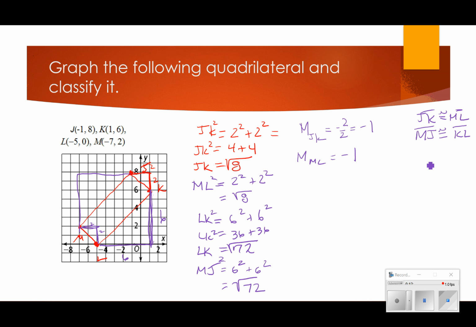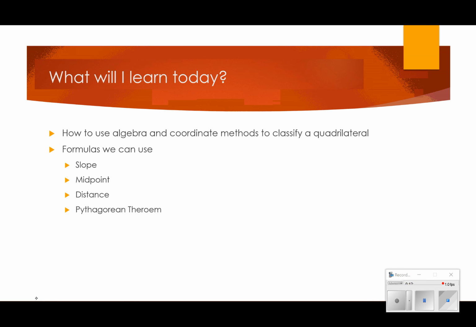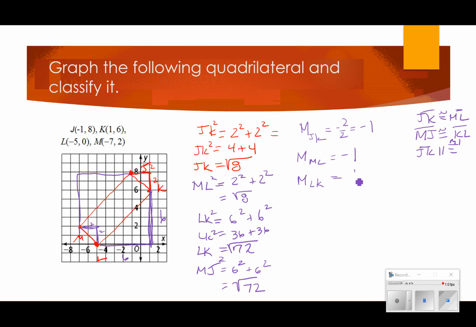So we've got that JK is parallel to ML. And let's check the other sides. We said each of those were 6. So the slope of LK is positive 1, 6 over 6. The slope of MJ is, again, 6 over 6, or 1. So then I've got that MJ is parallel to LK.